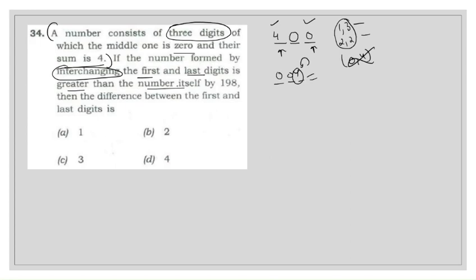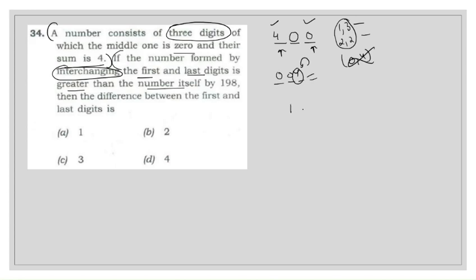Now the next thing they say is, if the number formed by interchanging the first and the last digits is greater than the number itself by 198, then the difference between the first and the last digit is.